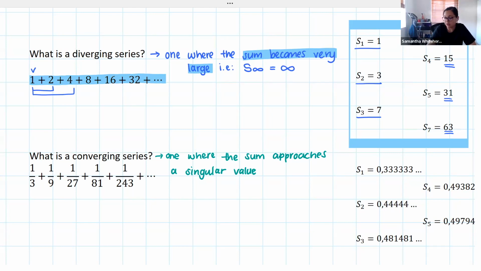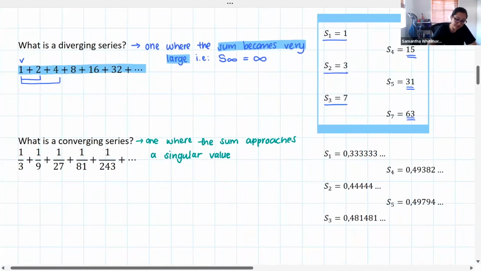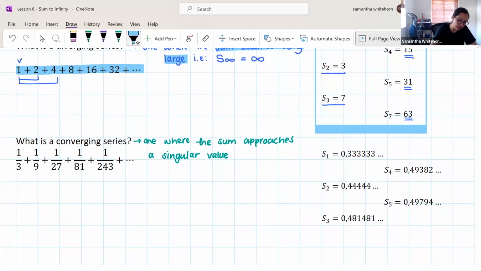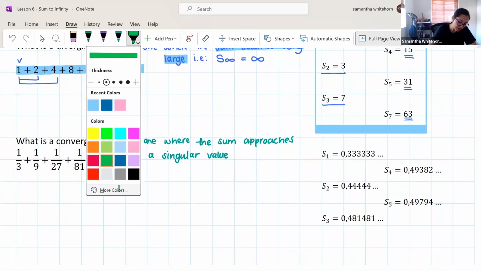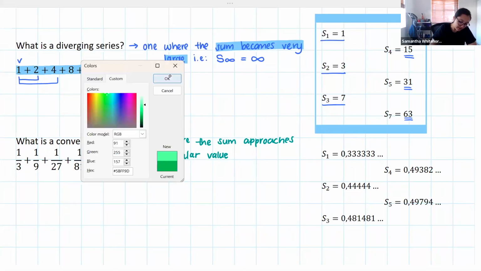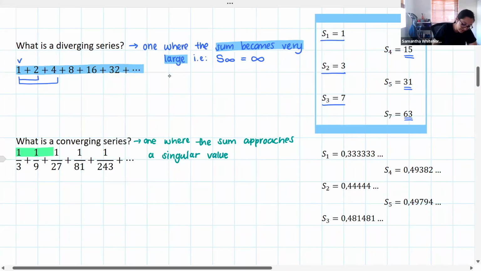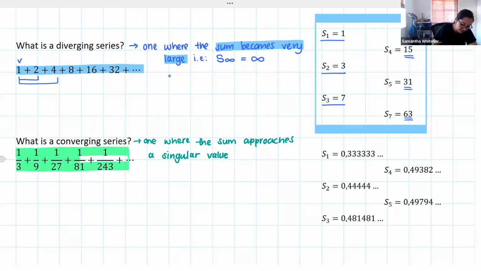Right, so there's a little formula that we'll deal with in a second, because like I say, converging series is the one we deal with a lot. But let's first have a look at what series could be a converging series. So if you have a look here on the left, this series that I have of a third plus a ninth plus a 27th plus 1 over 81 plus 1 over 243 is a converging series.